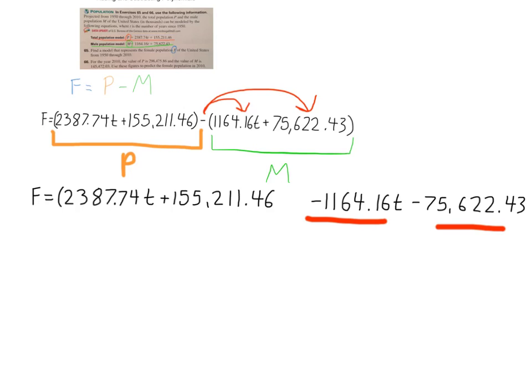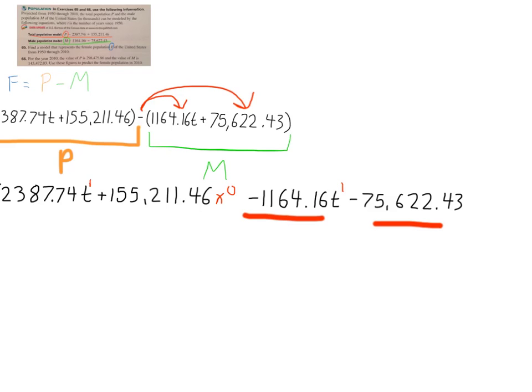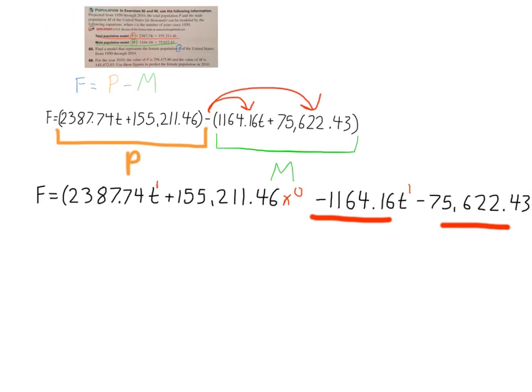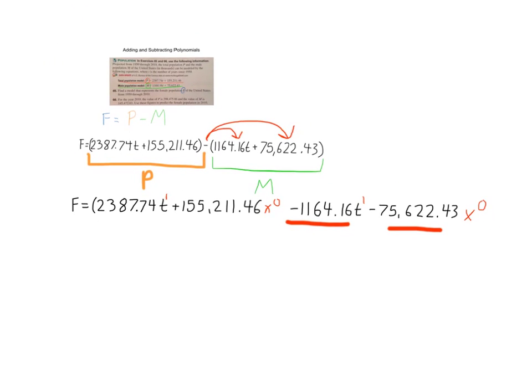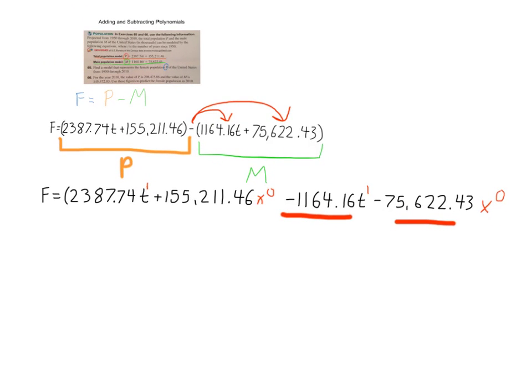So now we need to combine like terms, or terms with the same degree. So this t over here has an invisible 1 as its degree. This would have an invisible x to the 0. This would have a 1, and again this would have an x to the 0 because it's just a regular integer. So now we can put them together.